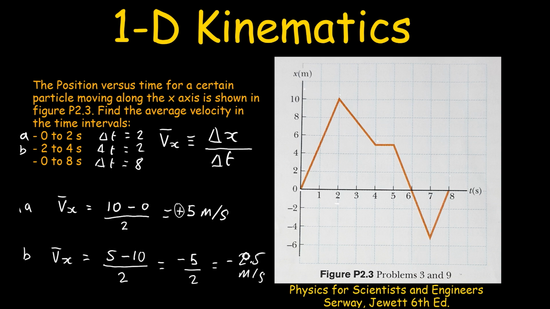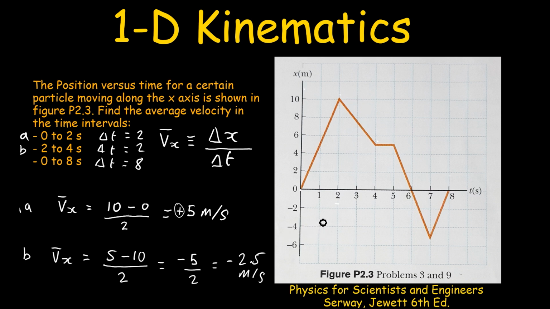And you'll notice that because the magnitude is smaller, the gradient is less steep than part A of the question. So we've got a steeper gradient from 0 to 2 seconds and a more shallow gradient from 2 to 4 seconds. And the particle's direction has flipped.